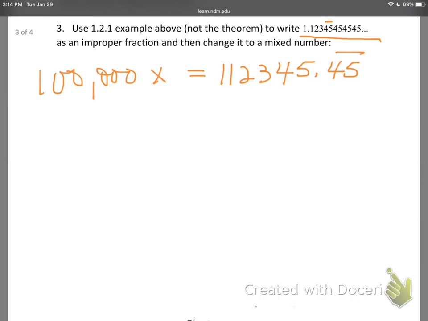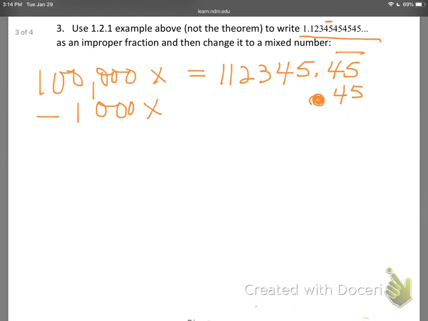So let's work backwards. I want it to be 0.45. So what should I multiply it by? 45 is there. I would like to have 1, 2, 3 digits on the other side of the decimal. So that's 10 times it, 100 times it, 1,000 times it. So I'm going to multiply my x by 1,000.